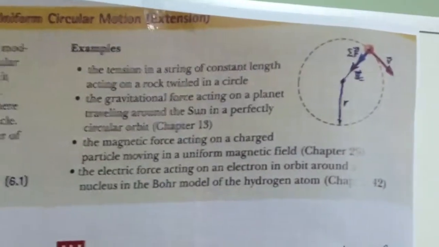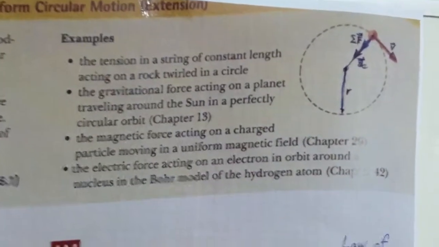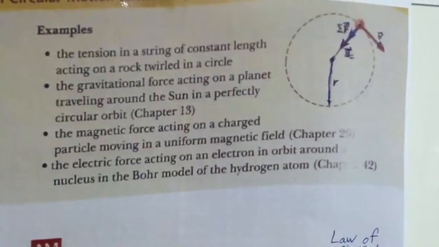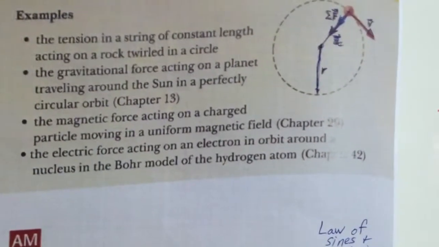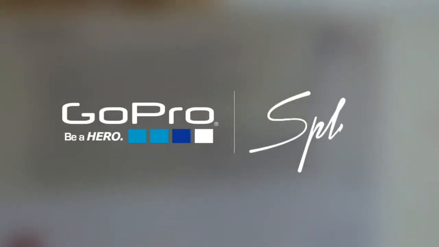Now again, this can be a gravitational force acting on a planet, magnetic force acting on a charged particle, or an electronic force acting on an electron in orbit around a nucleus.